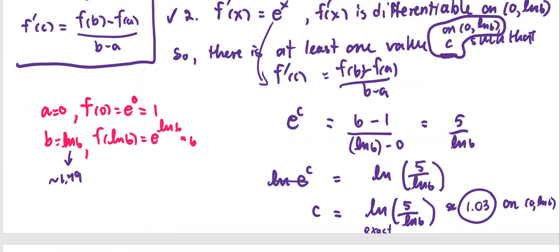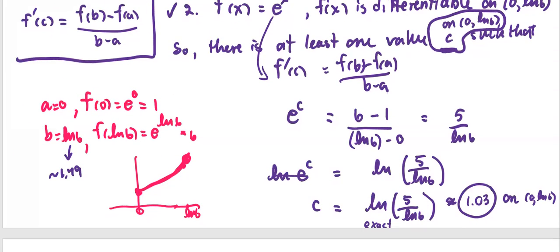And in the graphical way to explain this, the exponential graph at the point 0 has value 1. At the point natural log 6, the value is 6. So the graph goes up like this. Just this portion of the graph, not the straight line. Let me clean this up a little bit, make it look like a curve, from 0 to log 6, and log 6 is about 1.79.